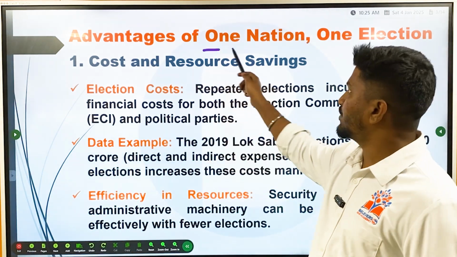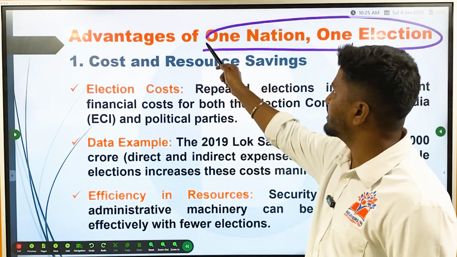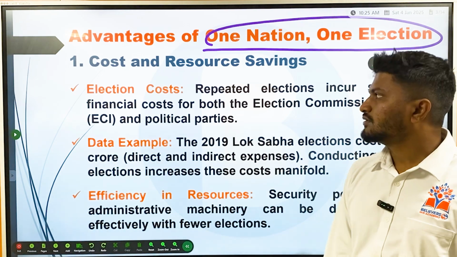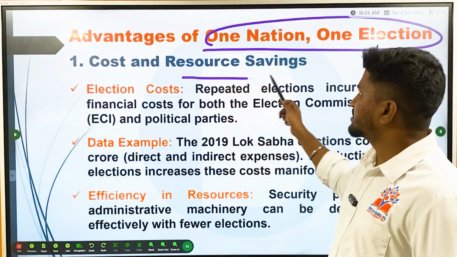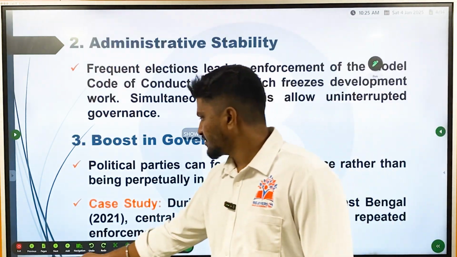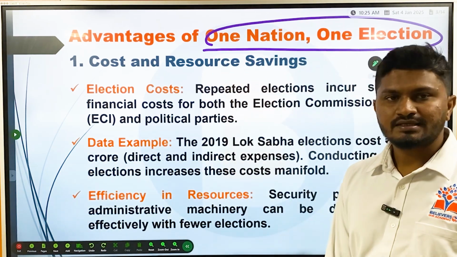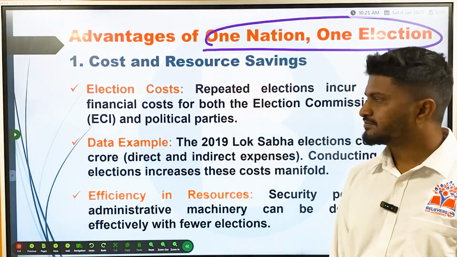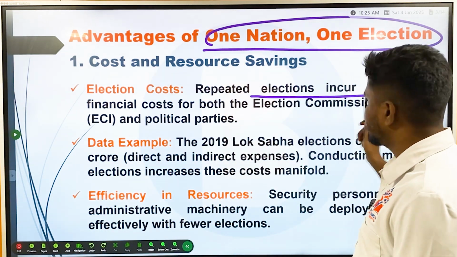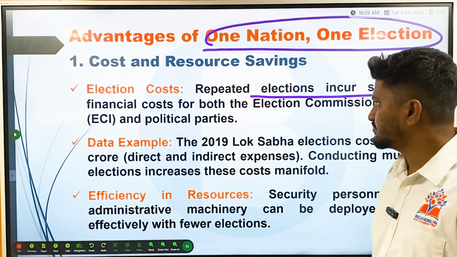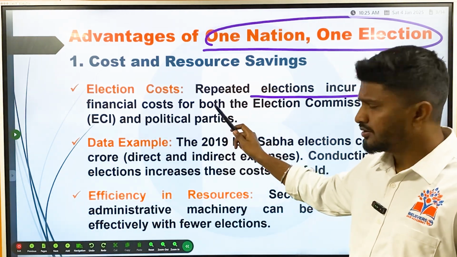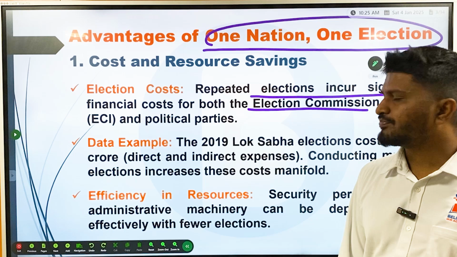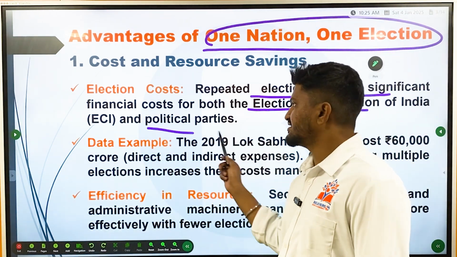So what are the advantages of One Nation, One Election? Advantages include cost and resource savings, because election is a costly process. The repeated elections incur significant financial cost for both the Election Commission of India as well as the political parties involved.